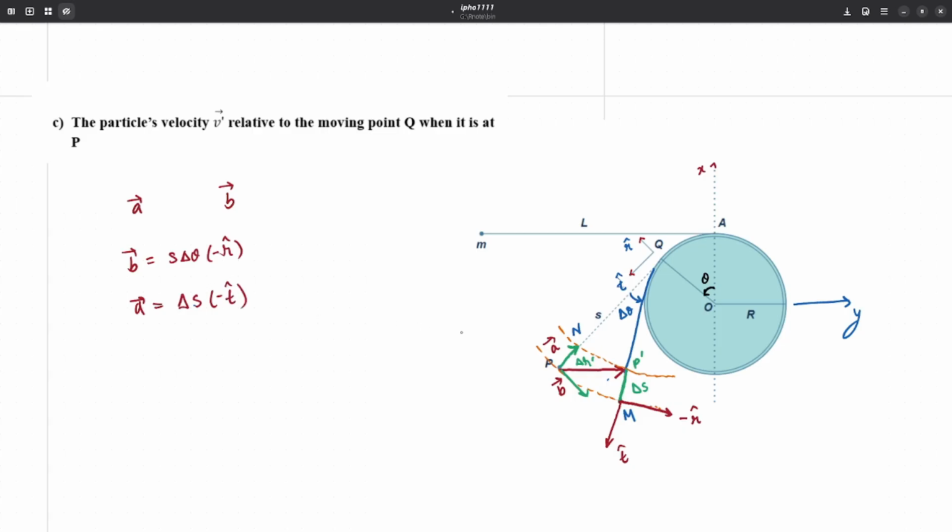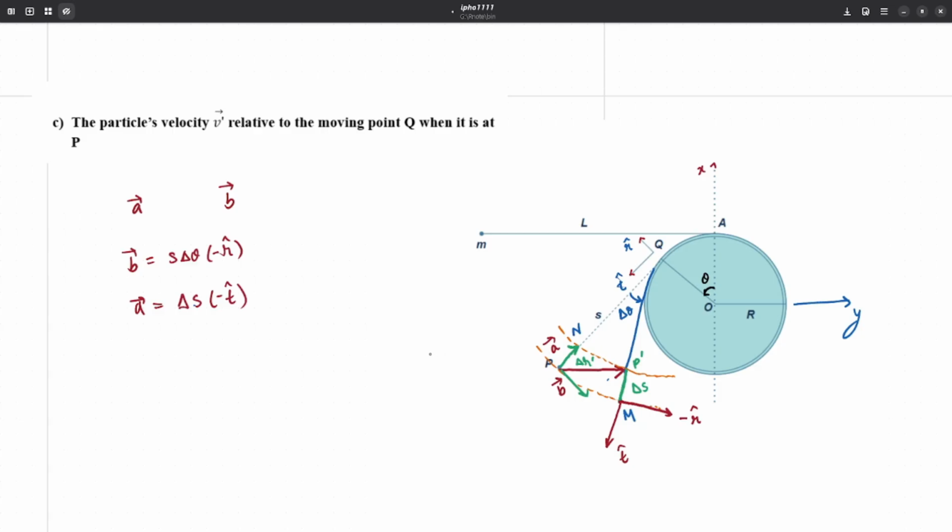Now A is a vector pointing towards Q, which means A is a displacement vector of Q relative to P, while we are interested in finding vectors relative to Q. To get this, we just need to change the sign of A, as there is symmetry.